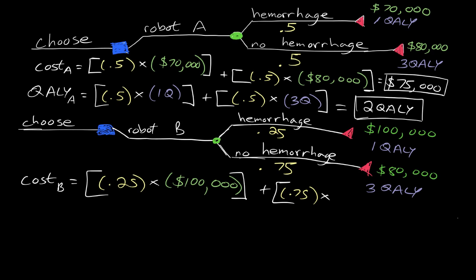In robot A, the cost and the qualities were exactly halfway between the values for hemorrhage and no hemorrhage. For robot B, the values are still going to be between the cost and the qualities for hemorrhage and no hemorrhage, but closer to what we see for no hemorrhage because of the higher probability weight given to no hemorrhage.